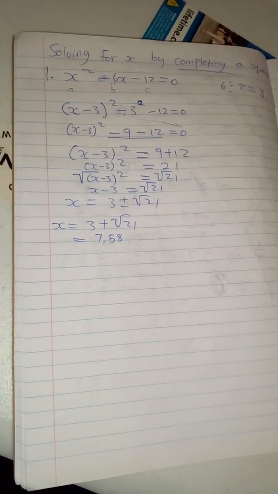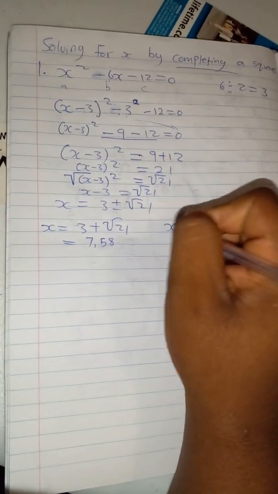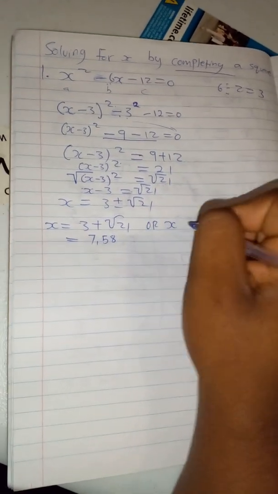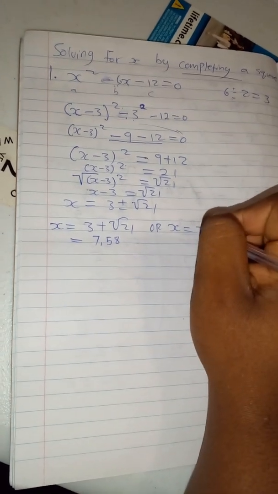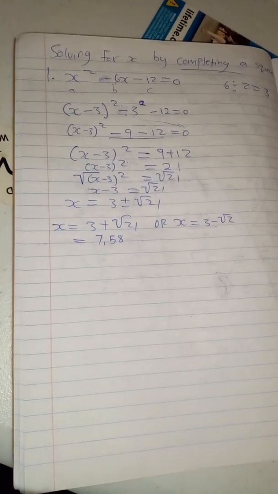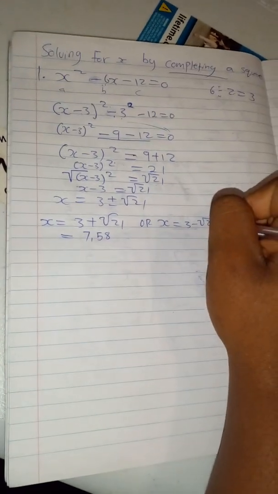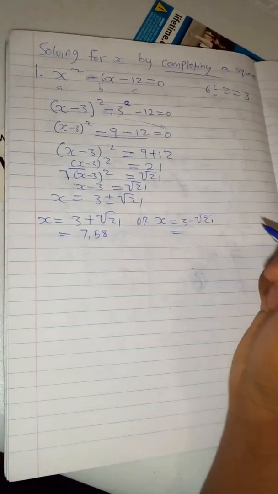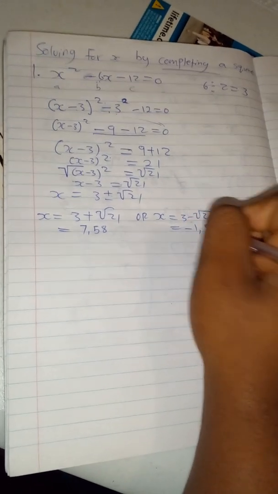Take it to decimals. Then let's go again: x equals 3 minus the square root of 21, which is equal to negative 1.58.